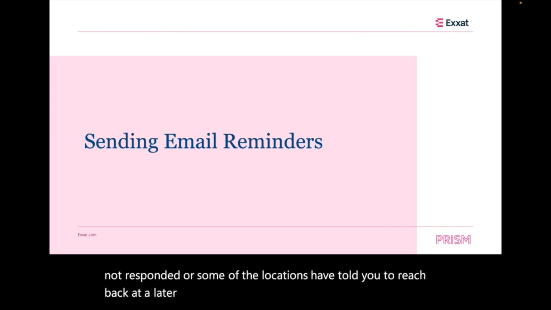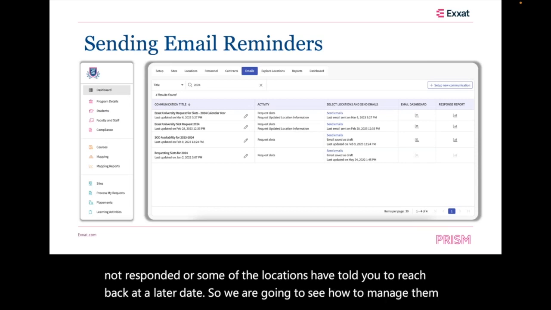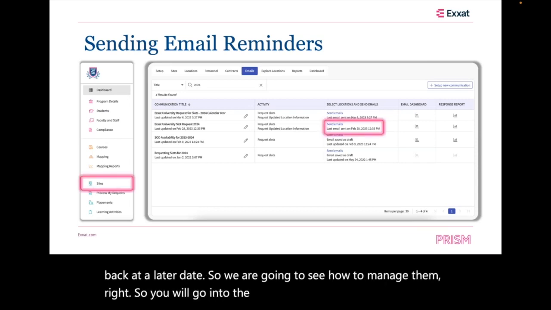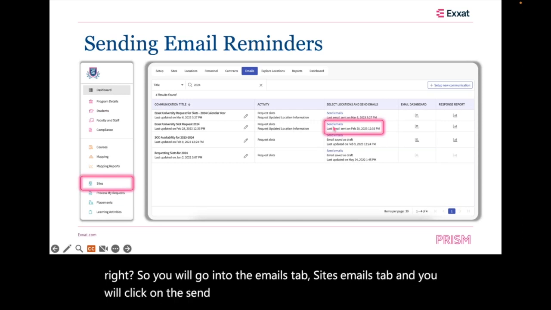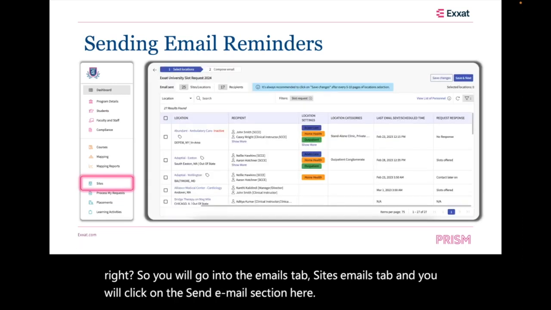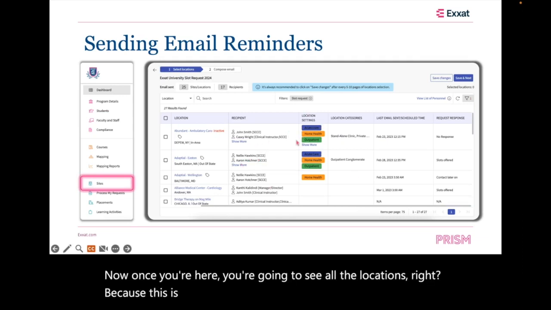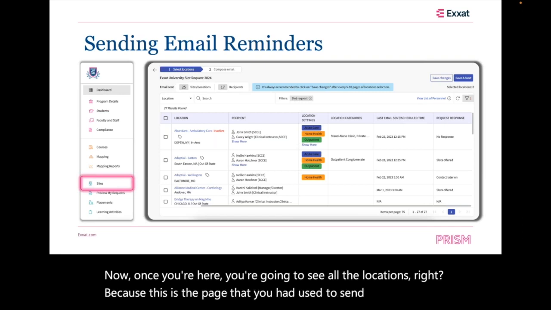So we are going to see how to manage them, right? You will go into the sites emails tab, and you will click on the send email section here. Now, once you're here, you're going to see all the locations, right? Because this is the page that you had used to send out the slot request. So you are in the same page.